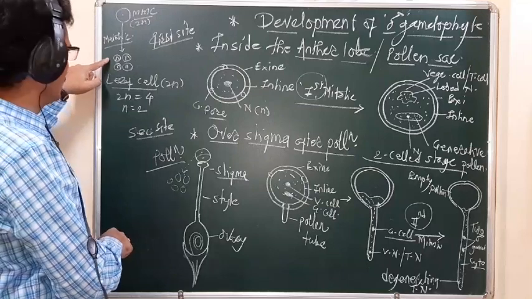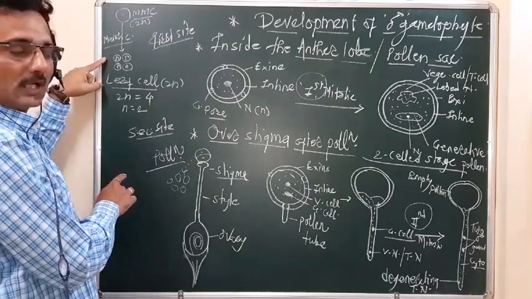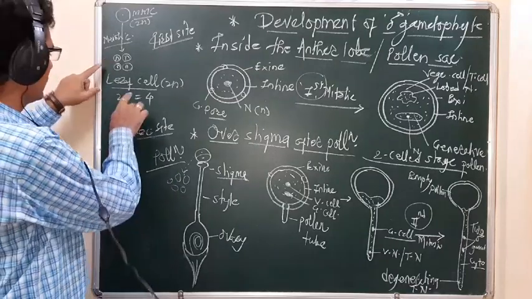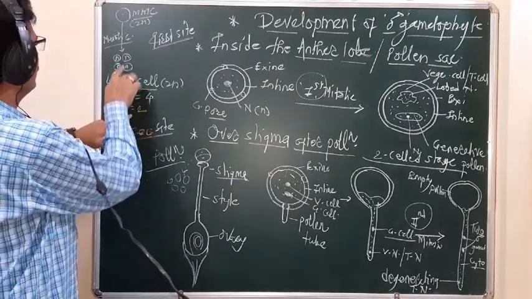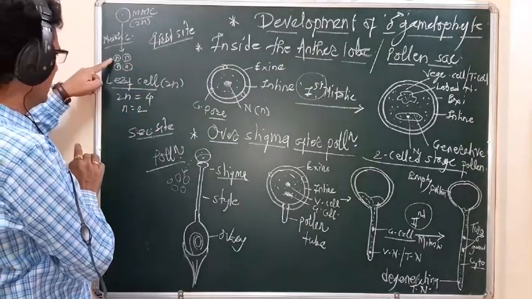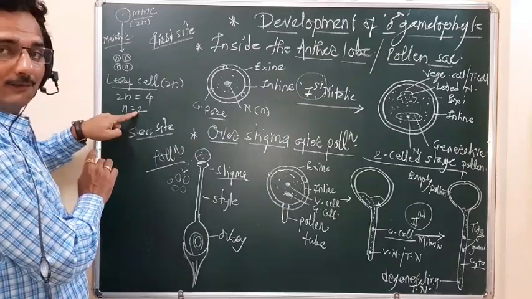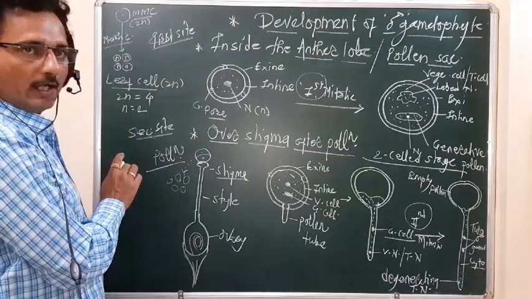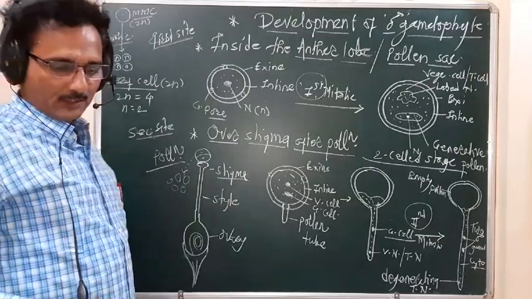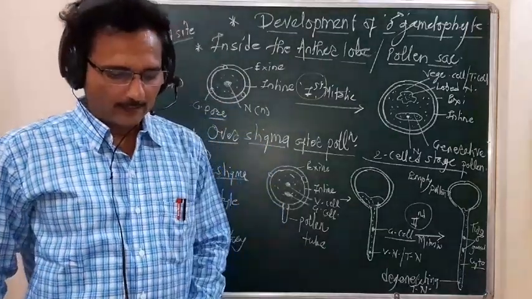So in each pollen tetrad, how many chromosomes will be there? Each pollen has 2 chromosomes. How many pollens are present in the tetrad? 4. So 4 into 2, 8. So what is your answer? The second option is your answer.